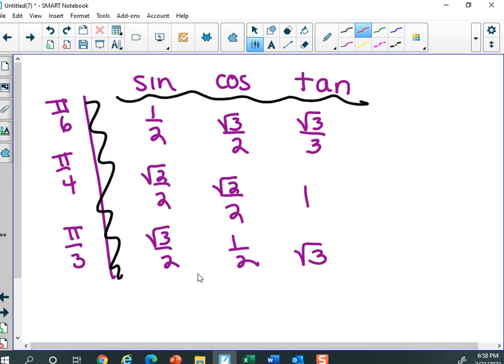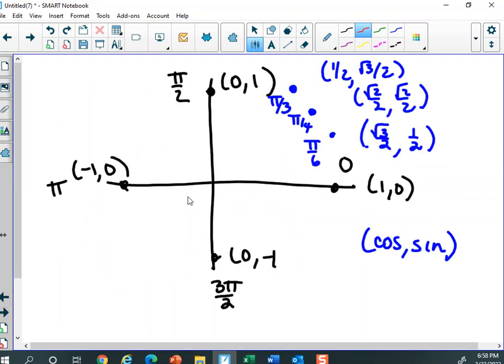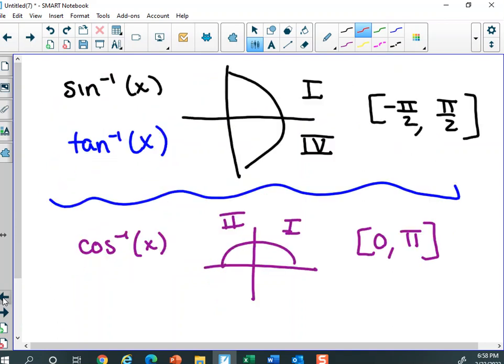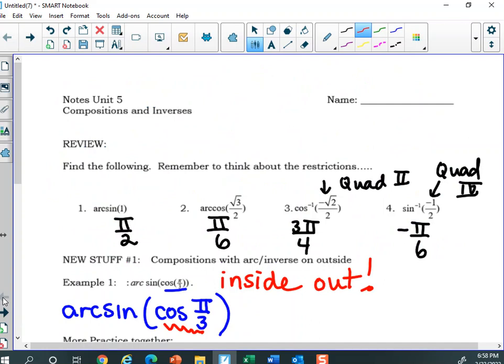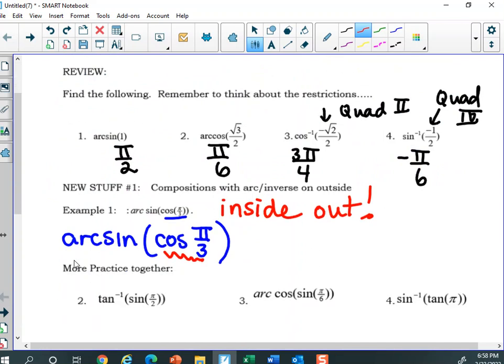So the arc sine of the cosine of pi over 3 is just a tricky way of saying, hey, I want the arc sine, or the inverse sine, of a half. Find me the angle that has a sine of a half.